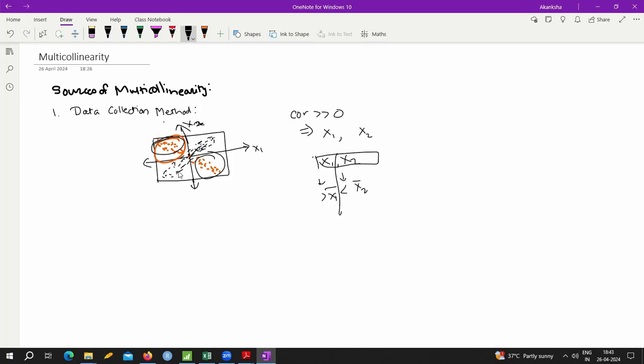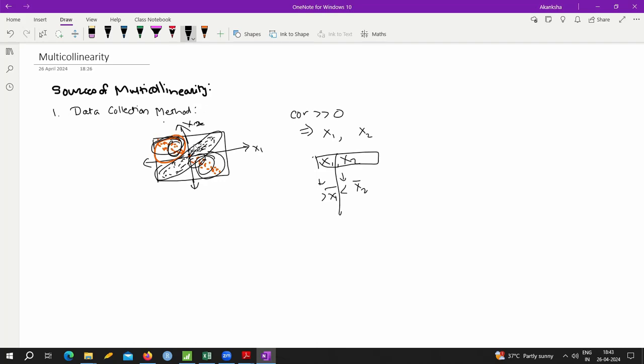So we might end up in this scenario. But it is still possible to locate the families where one of the partners, either husband or wife, has above average education level and the other partner has below average education level. So if we can locate such points, then they will belong to these regions, and adding those points to my data would reduce the multicollinearity.